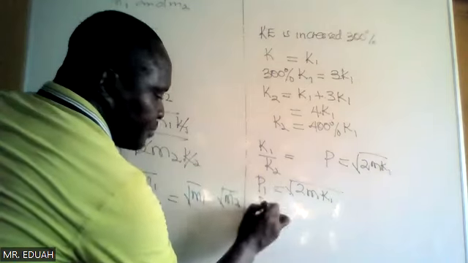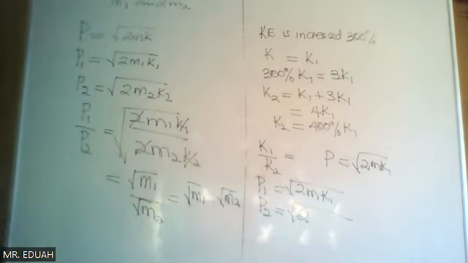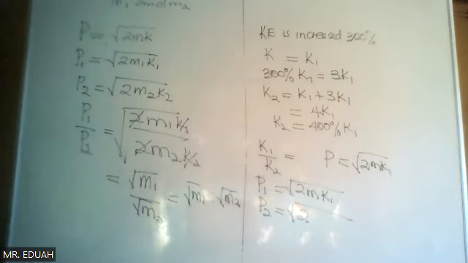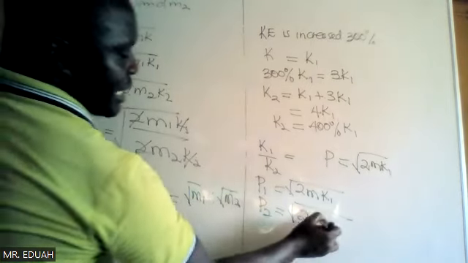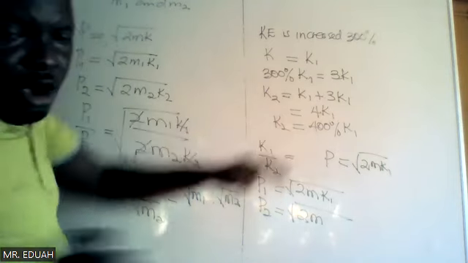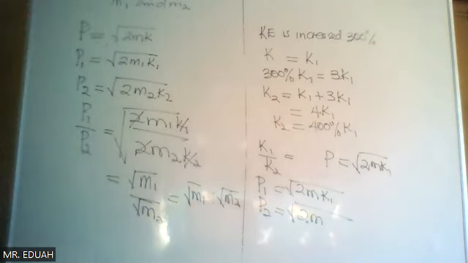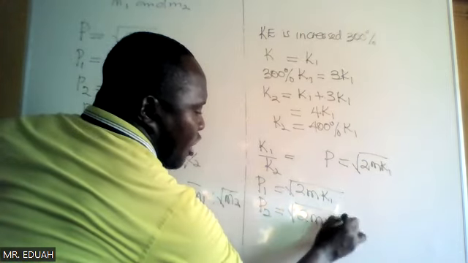P2 is equal to root of 2, the same mass, but its kinetic energy is what is changing. So still m, but what is K2? K2 is now 4 times K1, 400%. So 2 times m times 4 K1.